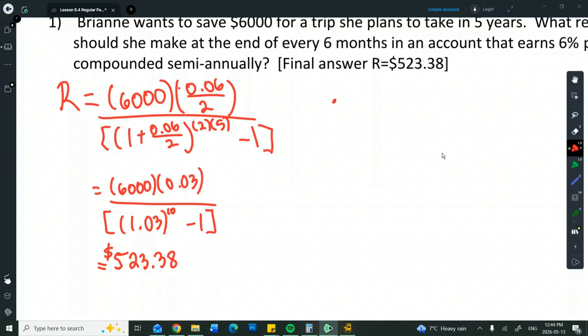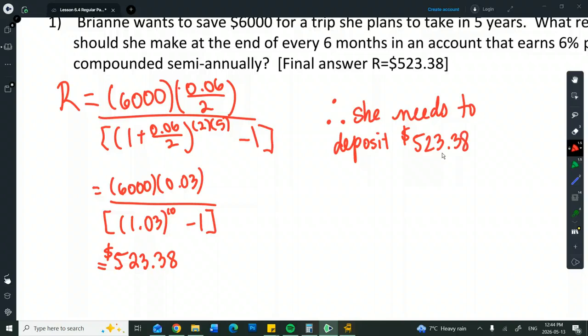What would be your final therefore statement here? Perfect. So therefore, she needs to deposit $523.38 every 6 months to save up $6,000.